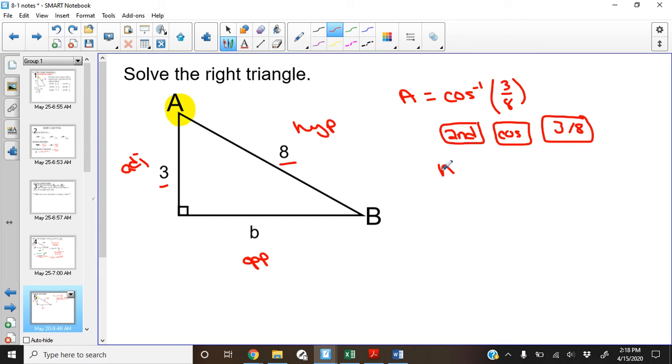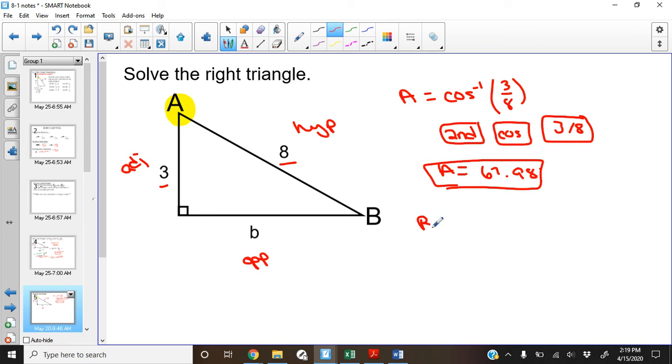And when you do that, you get that angle A equals 67.98 degrees. And that's your value for angle A. For angle B, all you would have to recognize now is that those two angles, A and B, are complementary.